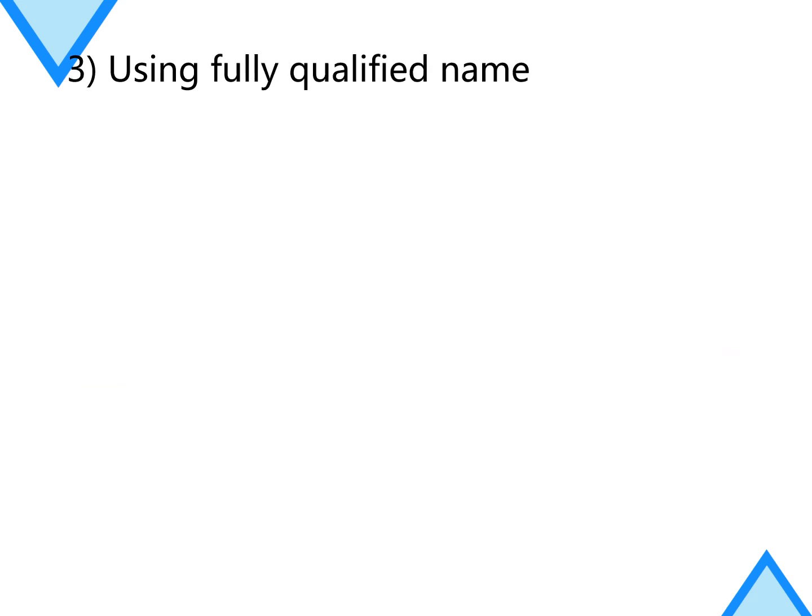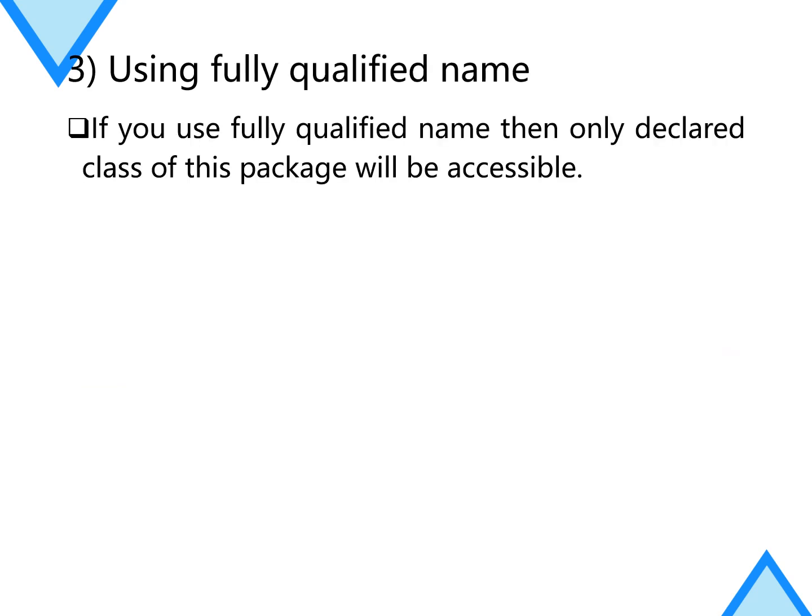The third method is using the fully qualified name. If you use the fully qualified name, then only the declared class of this package will be accessible. It is similar to the second method, but there is one difference.